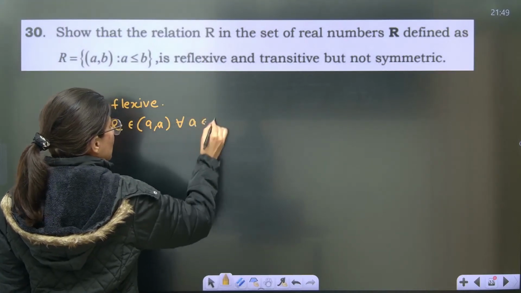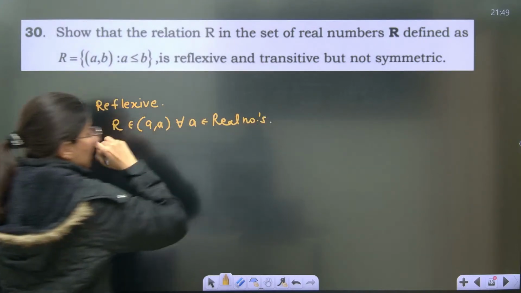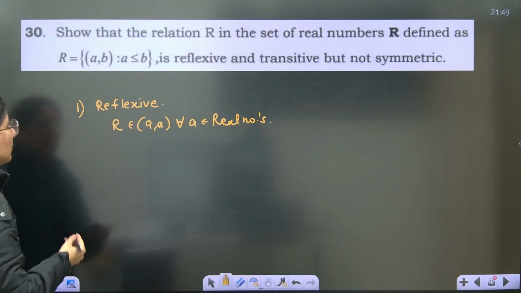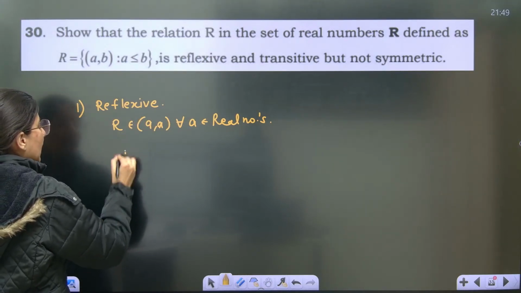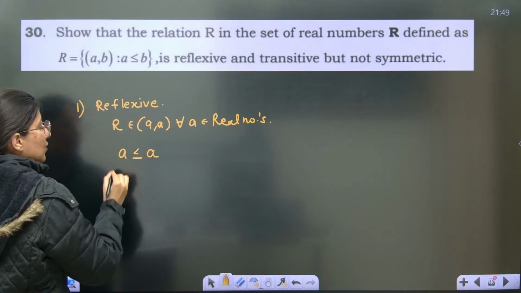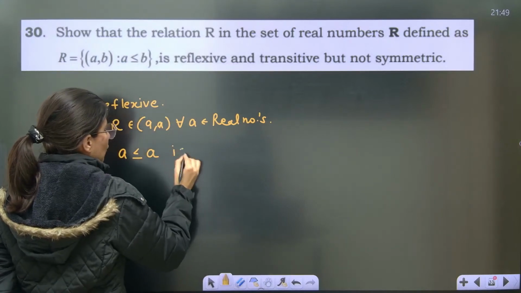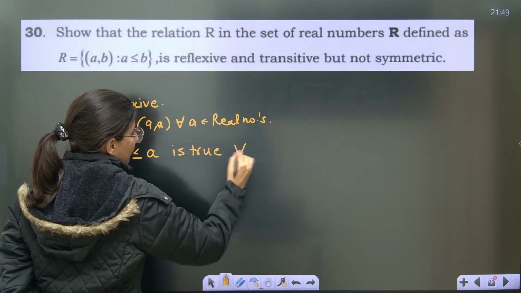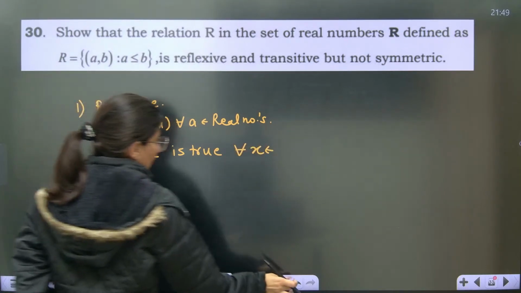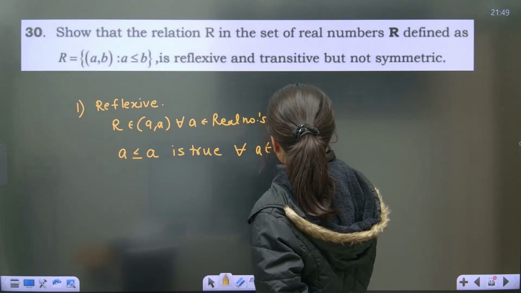Every A belongs to real numbers, because this relation is defined on the set of real numbers. So clearly, we know that A is less than or equal to A. This condition is true for every A belonging to real numbers.